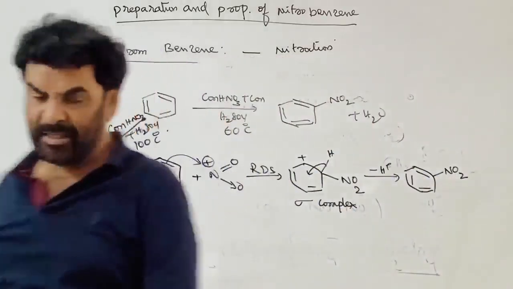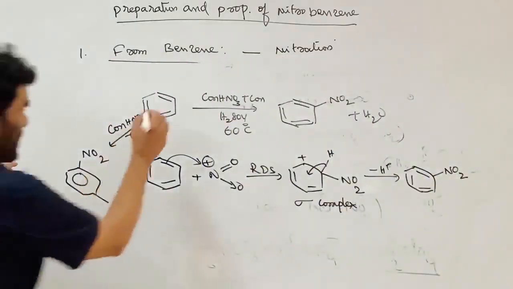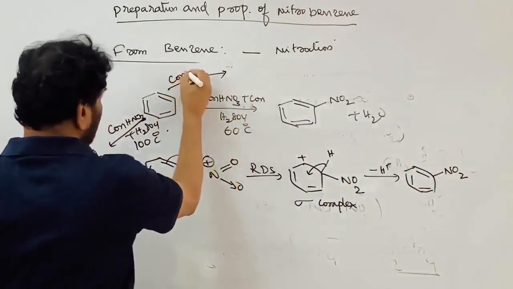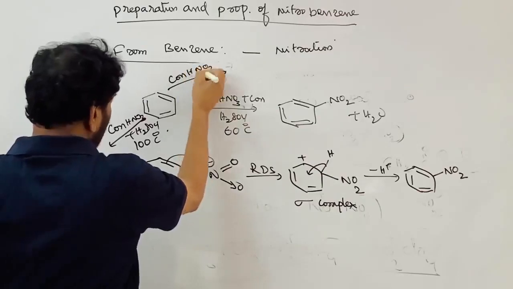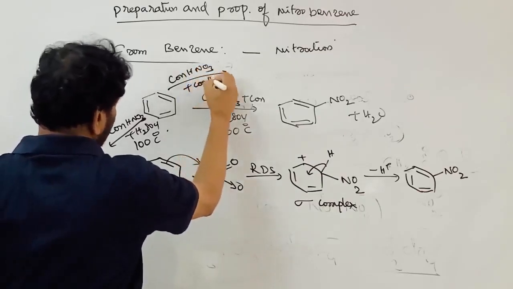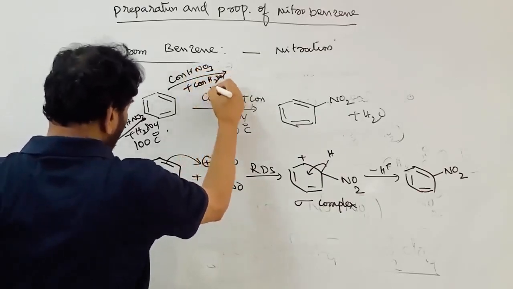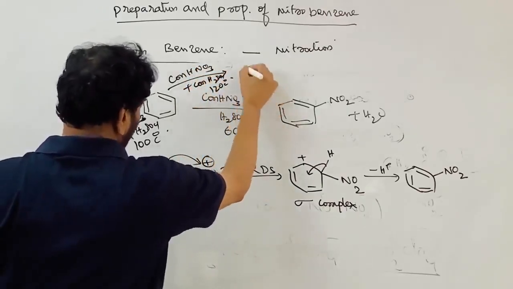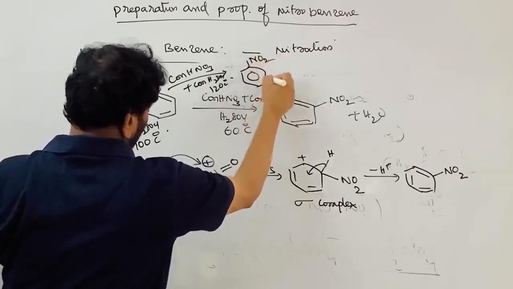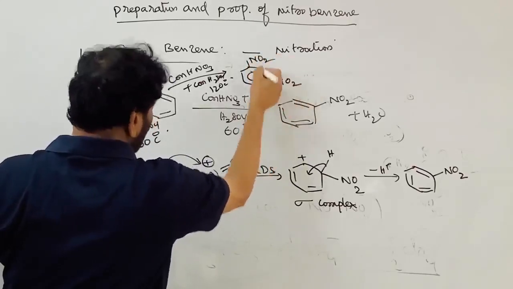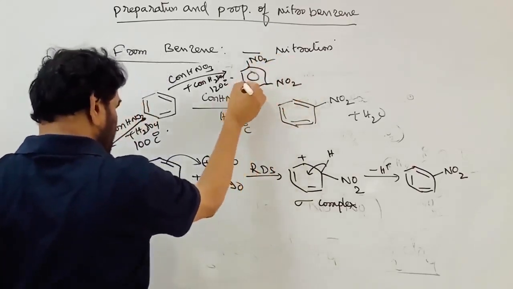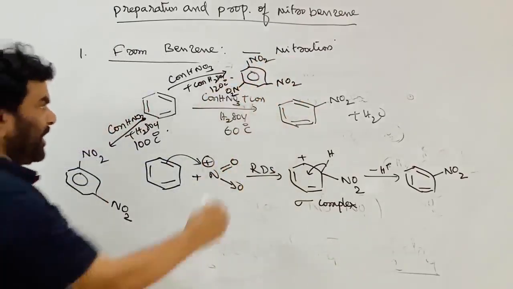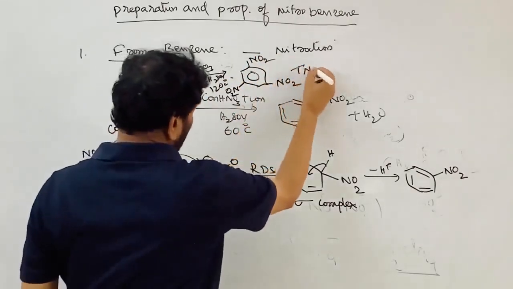If benzene is treated with concentrated HNO3 and concentrated H2SO4 at around 120 degrees Celsius, metadinitrobenzene further takes part in the reaction and trinitrobenzene is formed. TNB is used as an explosive compound.